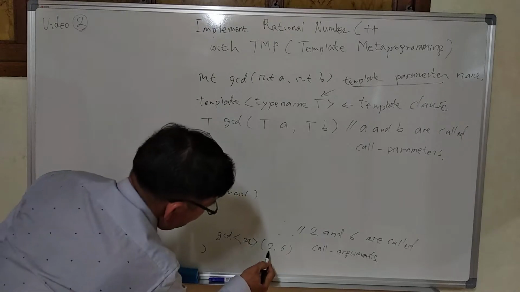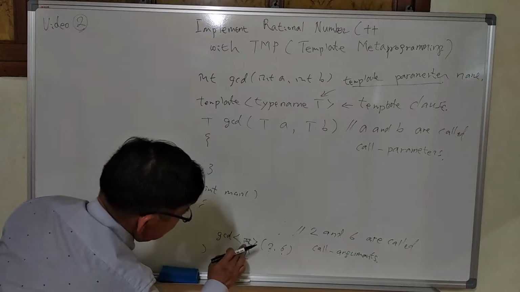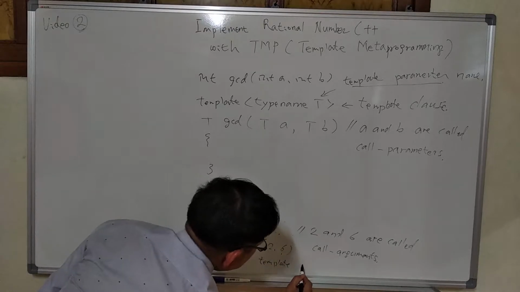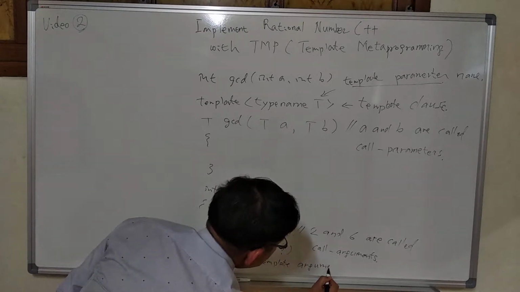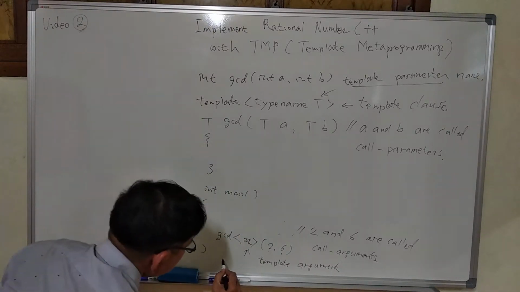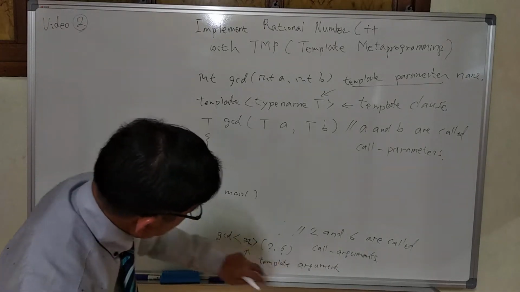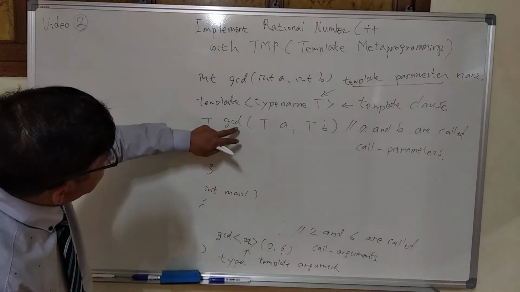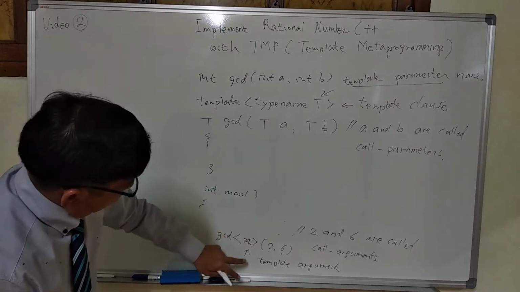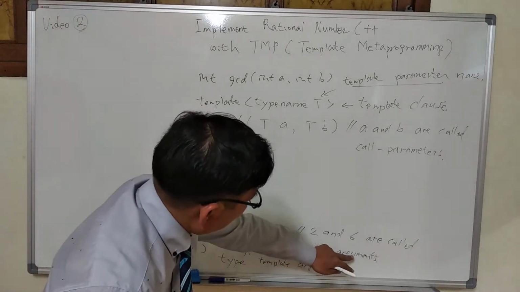Here, 2 and 6 are called call arguments, and int is called the template argument, or more correctly, the type template argument. This int is actually substituted here. Int is called the type template argument, and 2 and 6 are called call arguments.